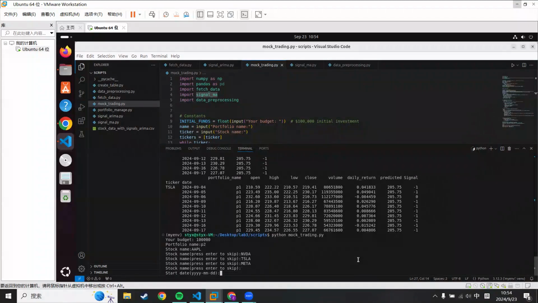We also need to give the start date and end date, because this part just imports the fetch data part in part one.